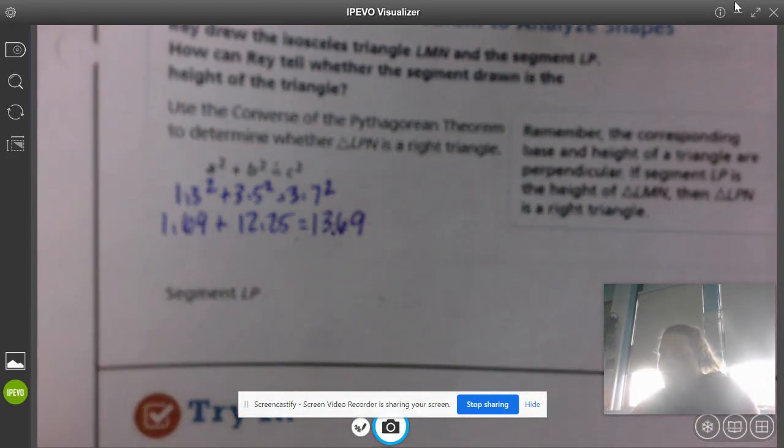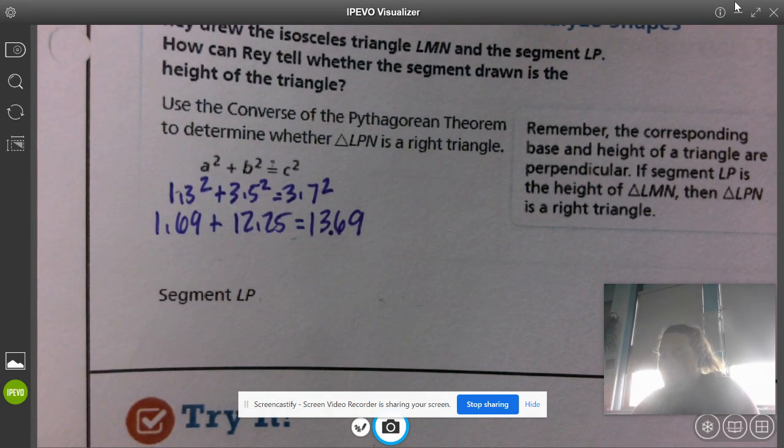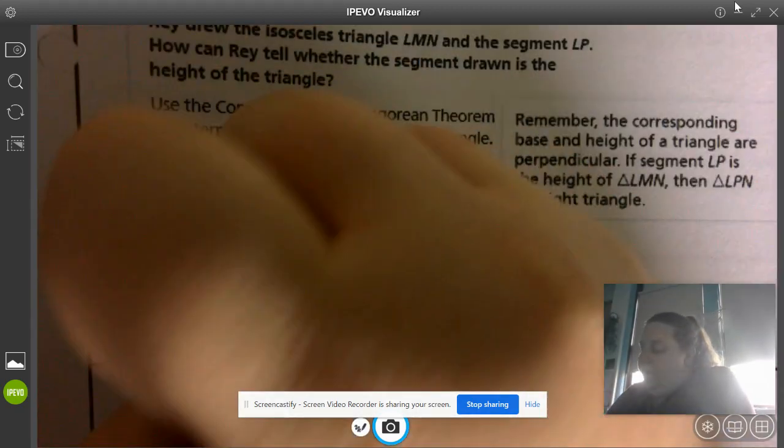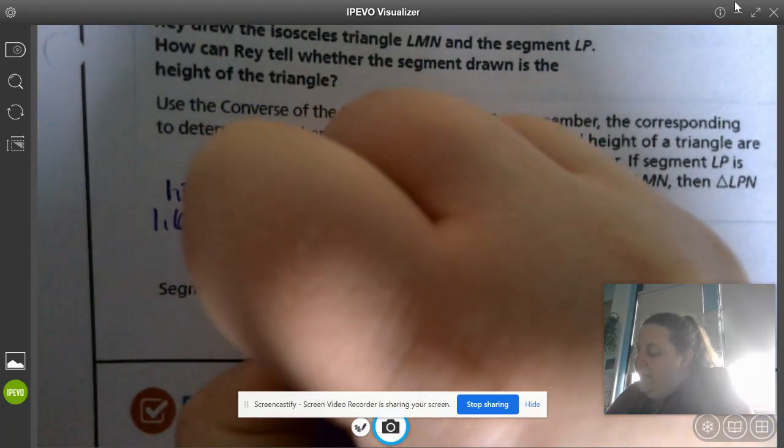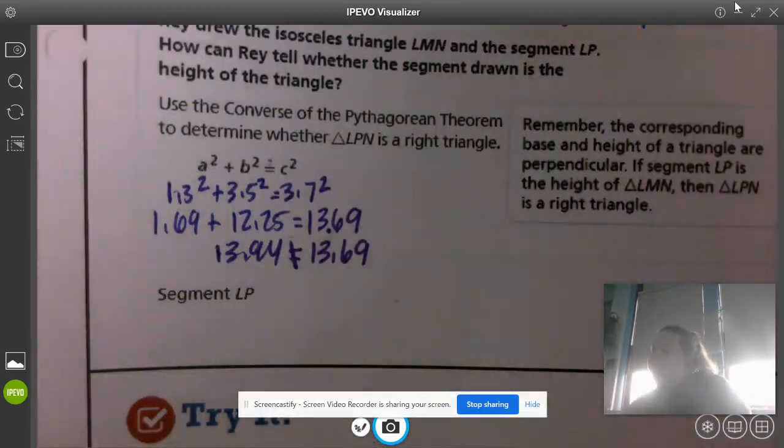So now I need to check. If I do 1.69 plus 12.25, that gives me 13.94. So that does not equal 13.69.